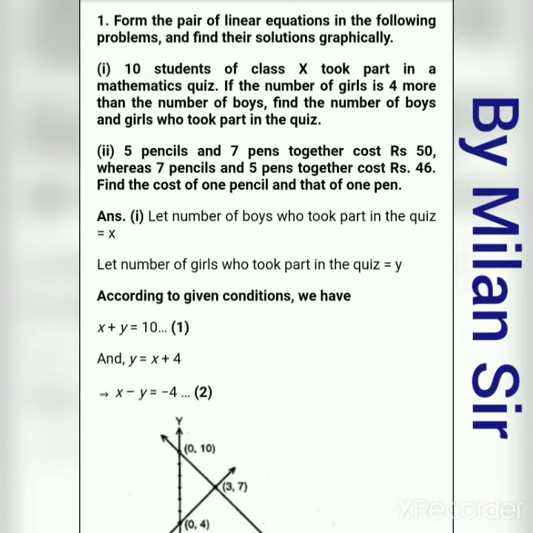The first equation we get from the first line: 10 students of class 10 took part in a mathematics quiz. Total students is 10. So the number of boys plus the number of girls is equal to 10.